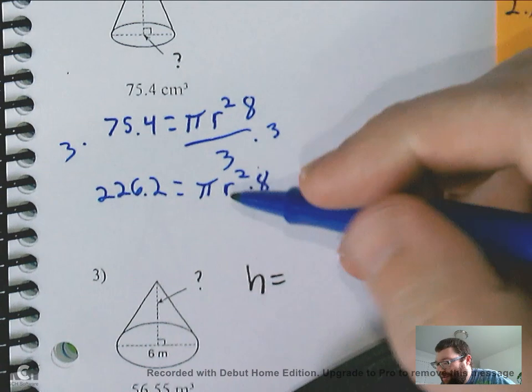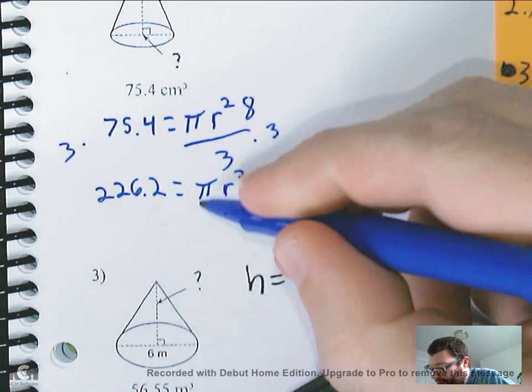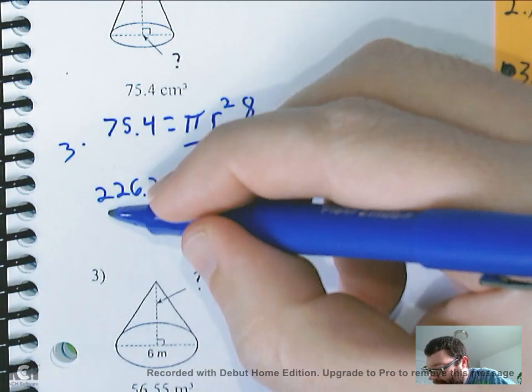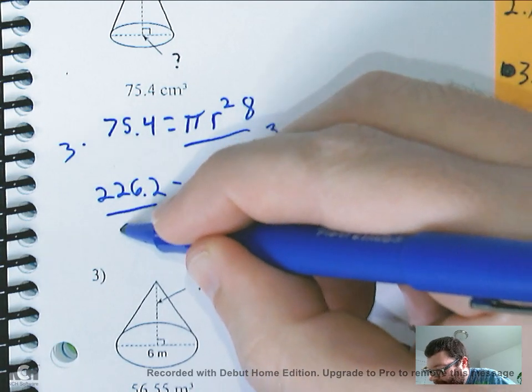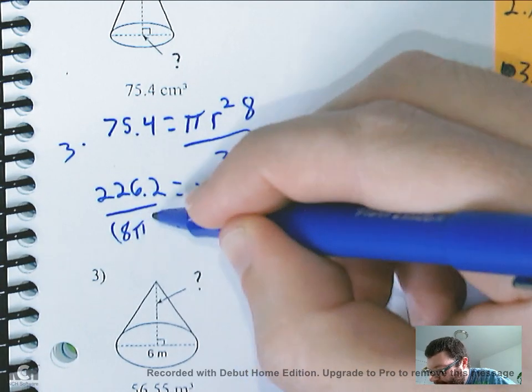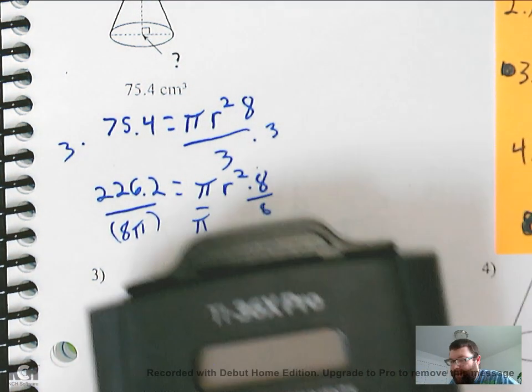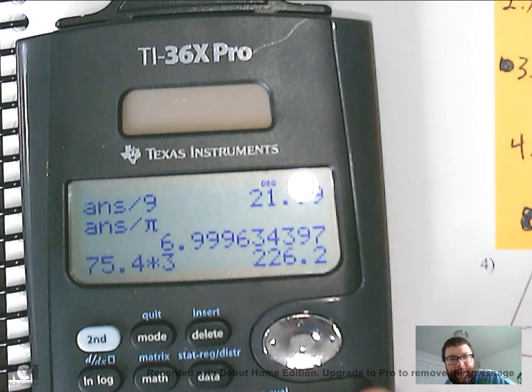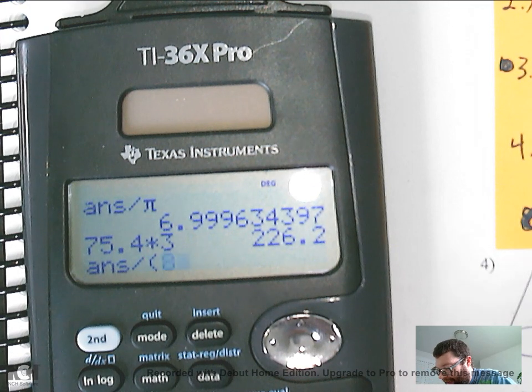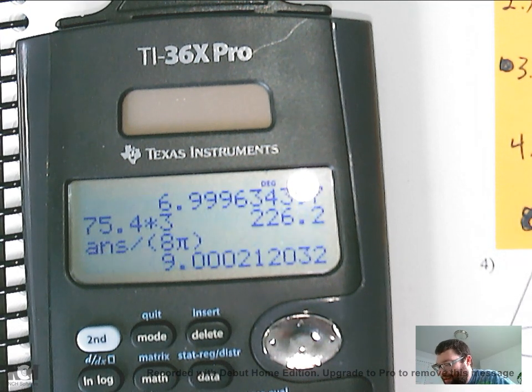Okay? And now this is where I want to move the 8 and the pi. And again, you could do it at the same time if you wanted to, you just got to make sure you use parentheses. So if I want to divide 226 by 8 pi, divide by parentheses 8 pi, I should get my answer.